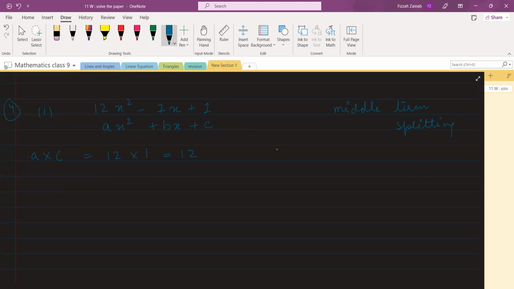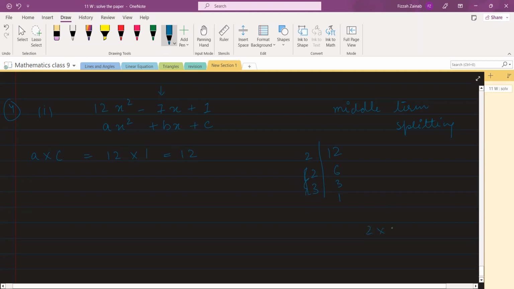Now you do prime factorization of this 12: 2 into 6, 2 into 3, 3 into 1. Out of these factors, 2, 2, and 3, you have to make a combination so that you get the -7 in the middle. If you just combine this, 2 into 3 is 6. No, no, no.